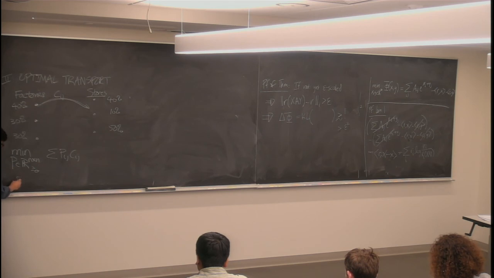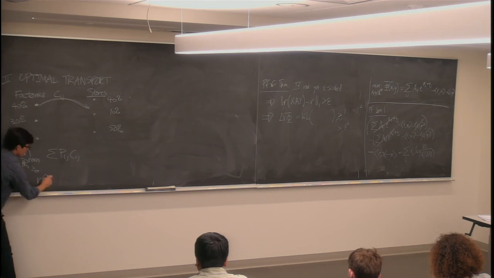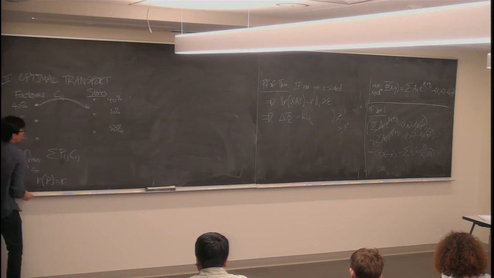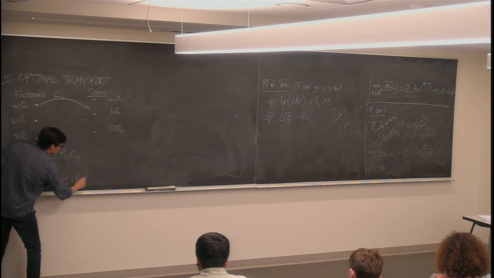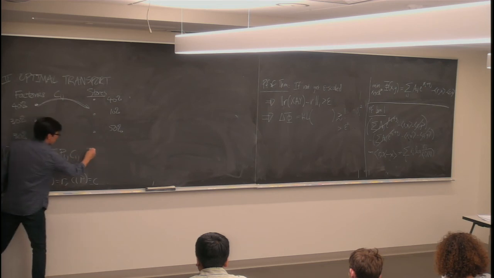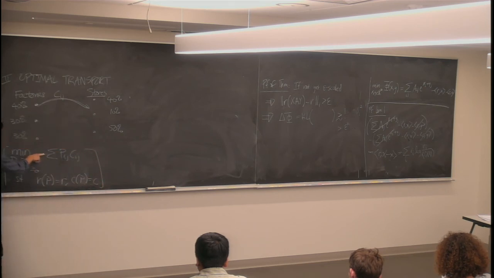And you have 2 constraints. One is that all the factory supplies are met, so that the rows of P equal R. And the second is that the demands are met, so the columns of P equal C. So this is a linear program because both the objective and the constraints are linear in the decision variable P.